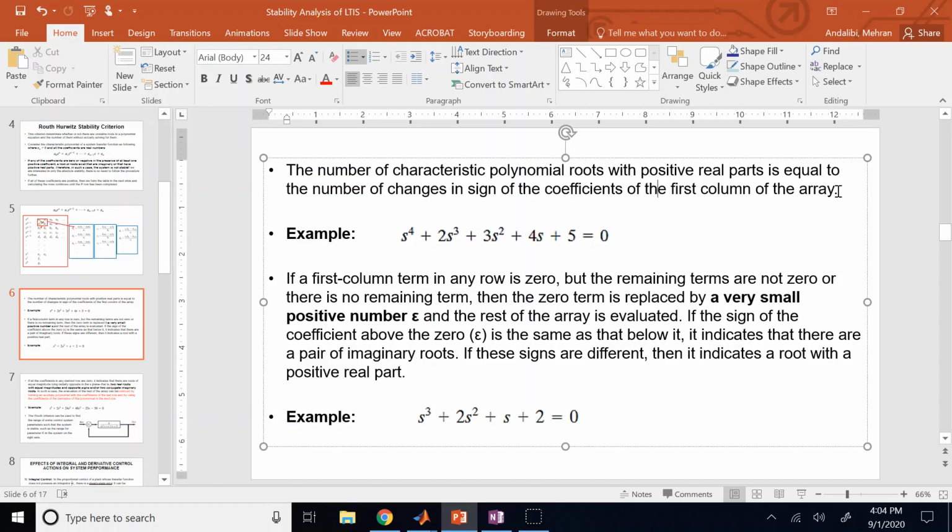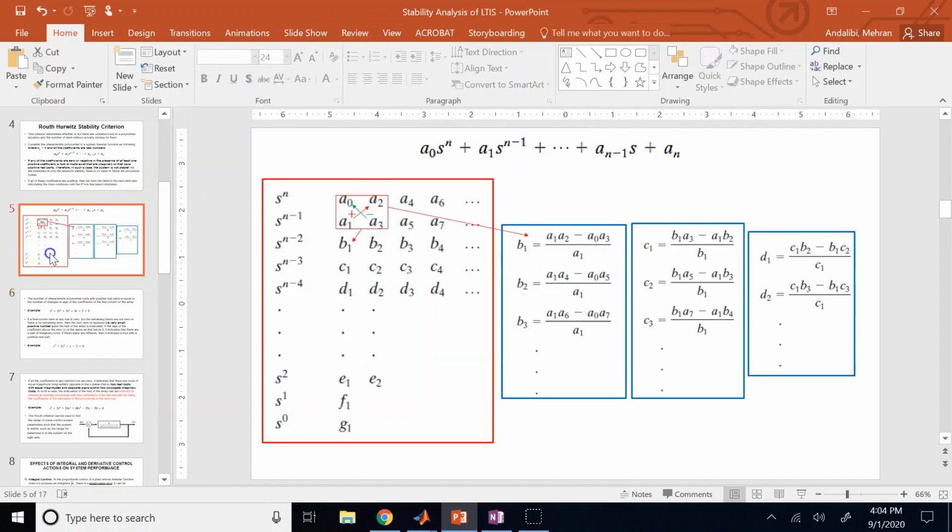So definitely the system is unstable if you see any change in the sign of the coefficients of this first column. So let's say the first two numbers are positive, which we said we should consider positive, then the rest of the column, B1, C1, D1, all the way to the end, should also be positive.